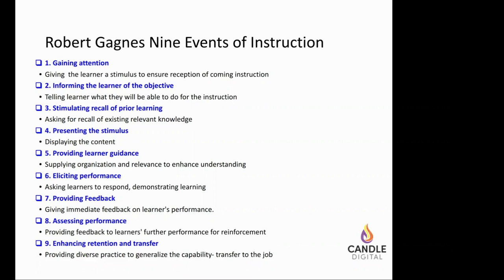So moving on to 4 is presenting the stimulus, more simply displaying the content, the learning that you want people to get. Within this, there are some very simple rules, because you can use text, and you can also use voiceover.